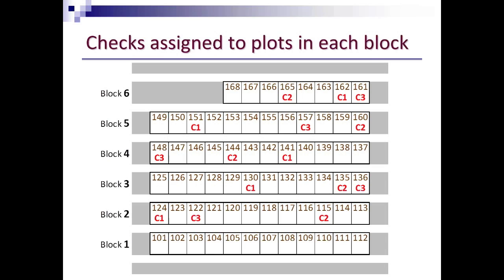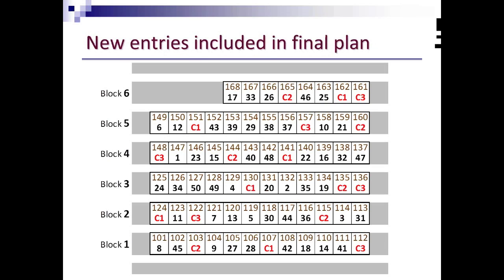So the first thing you would do is assign at random your checks to those experimental units. You'd put all 3 checks one time in each block. And then you would randomly assign your remaining entries to the remaining plots.